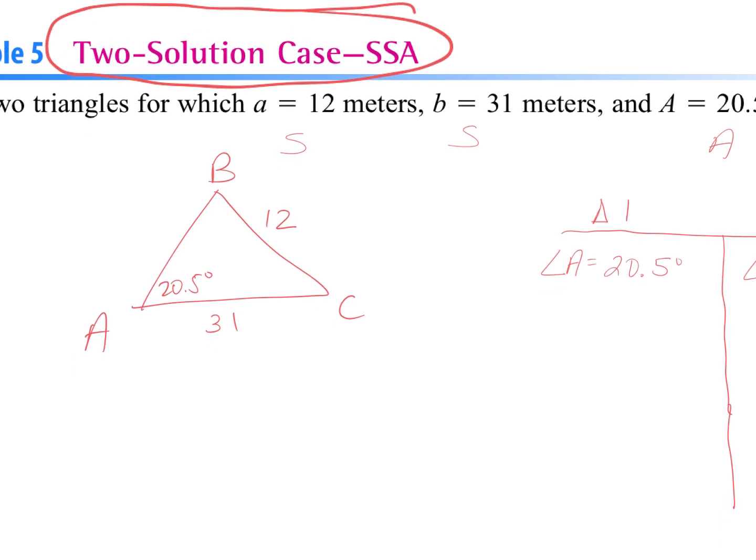Do you have an angle and its corresponding side? Yes, you do. So go ahead and set up that proportion. Sine of 20.5 divided by 12 equals what? What's the only bit of information we can find? B. I can only find the sine of B. I don't know anything about C. So I'm going to say sine of B over 31.